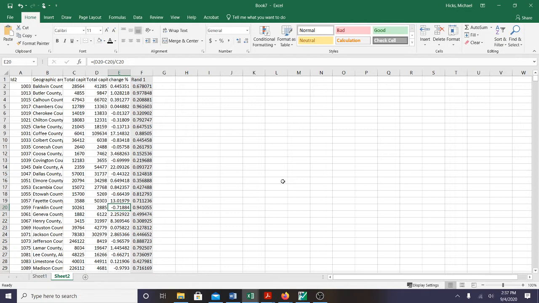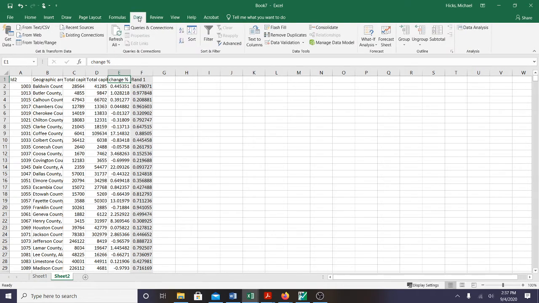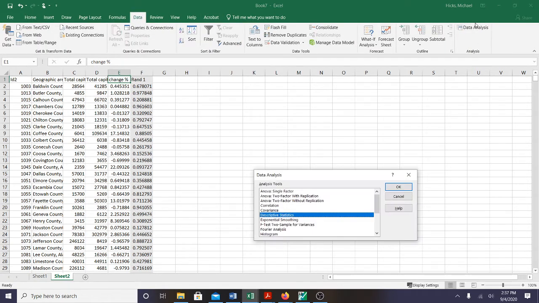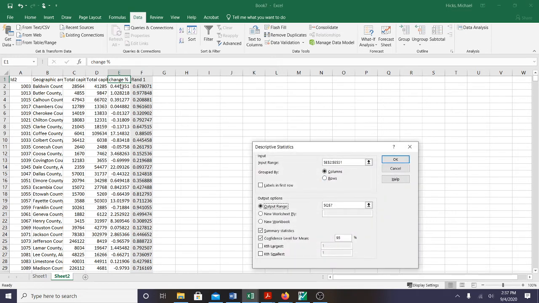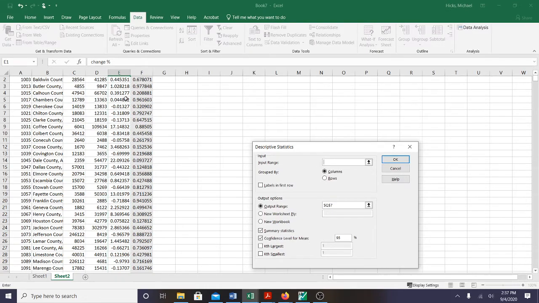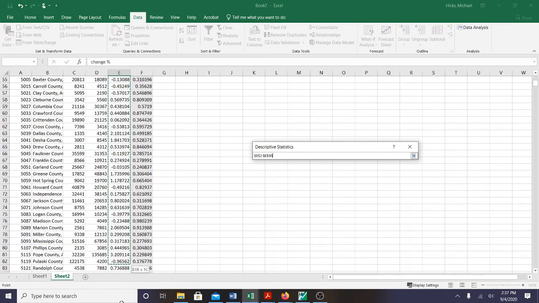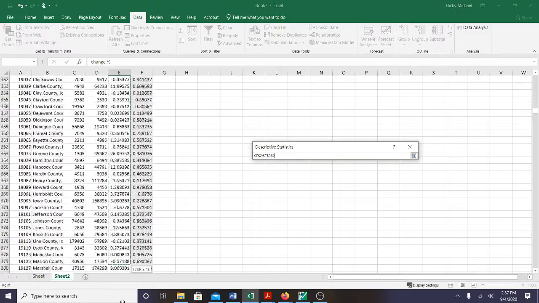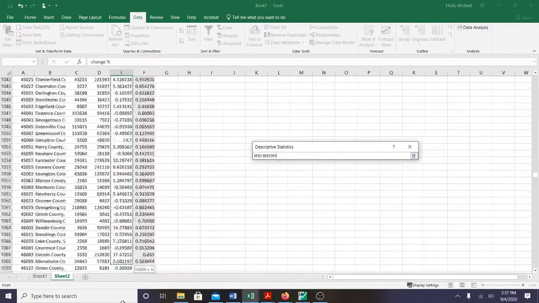And so I know now, for example, that here in this entire population, I'm going to try to figure out what the mean and standard deviation is. So I'll hit descriptive statistics. I'll choose an input range that is this full range of existing data.